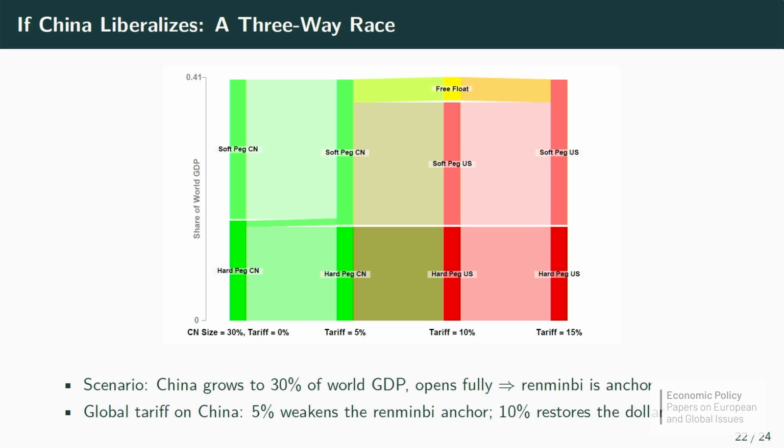So by blocking, if it somehow implements a global tariff on China, that blocks out China, it weakens the renminbi anchor, and it restores the dollar. But those are the conditions. In that case, though, however, the euro will then still remain as a secondary anchor currency.